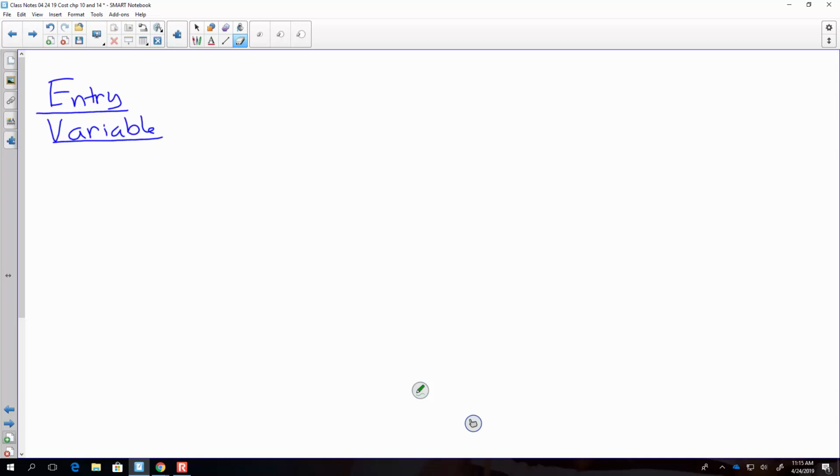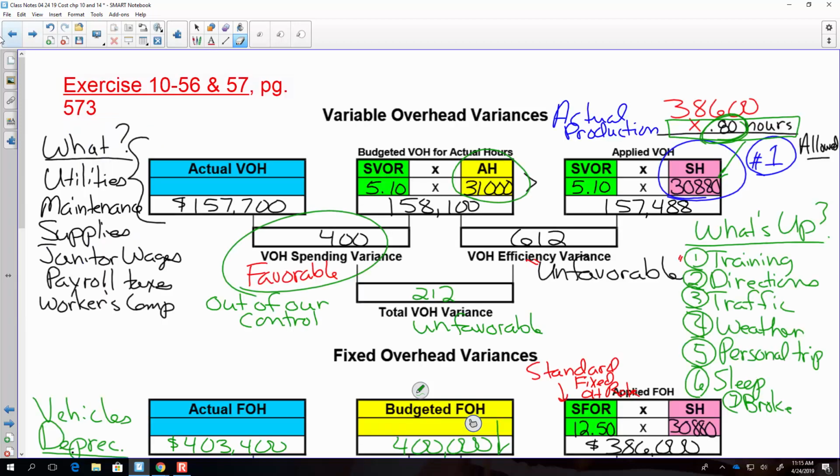The recording of the variances are all done at once. So I'm going to have a debit, skip 2 lines, and then a credit. On your template, do you see the word applied? Let's start with the variable. Do you see the word applied?